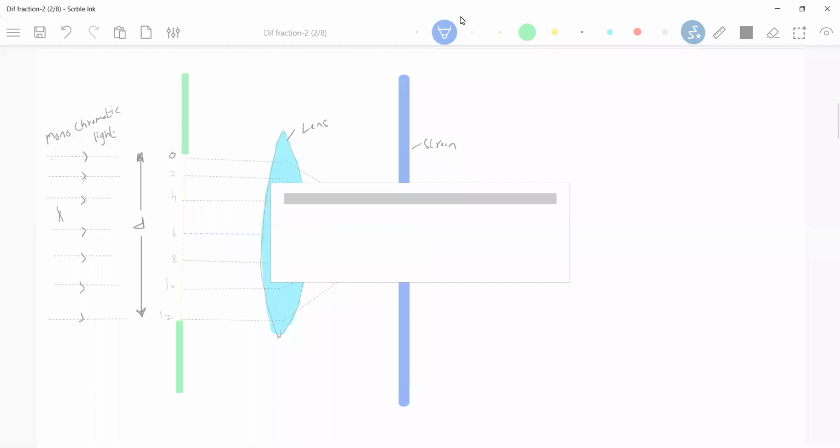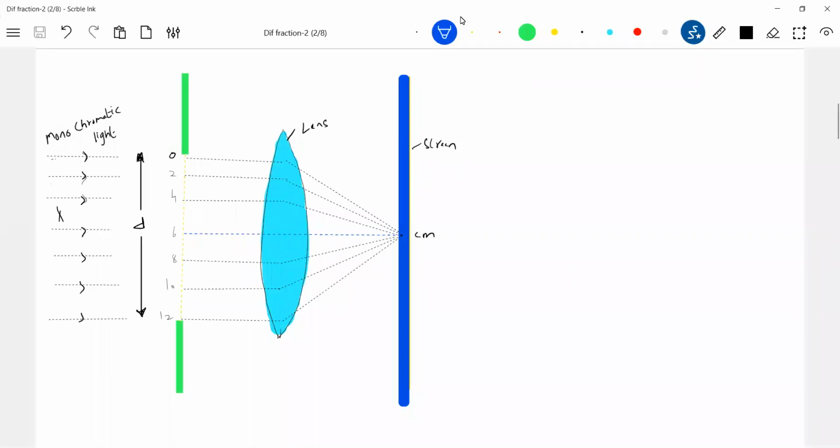Now for the central maxima, I'll give the explanation. According to Huygens wave theory, the wave nature of light is reflected here.